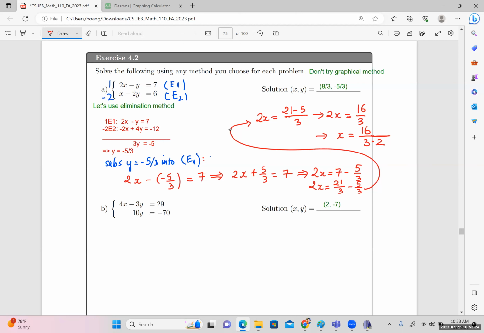Same meaning. All right. So that will give us x equal to 8/3 as the answer for this. We have y here. We have x here.